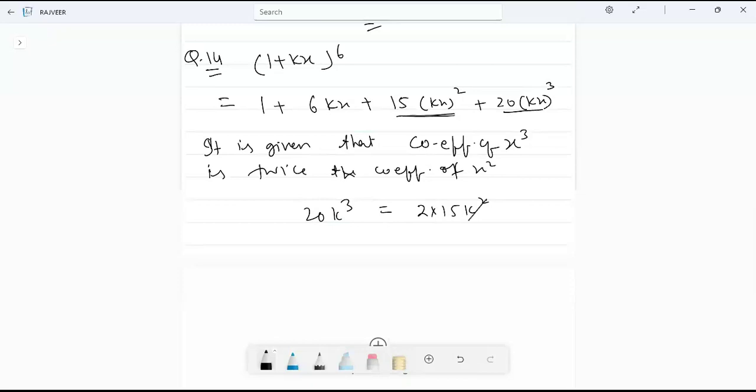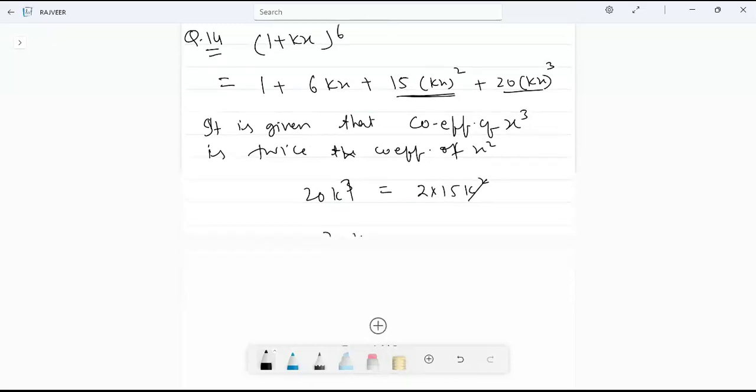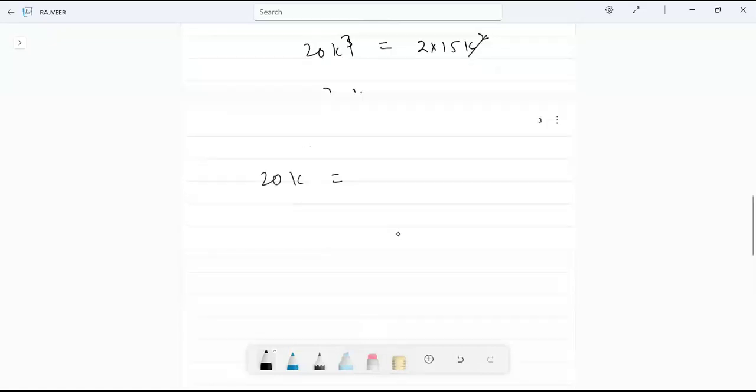So we can just cancel out. So 20k equals 2 into 15. So k equals 2 into 15 over 20.